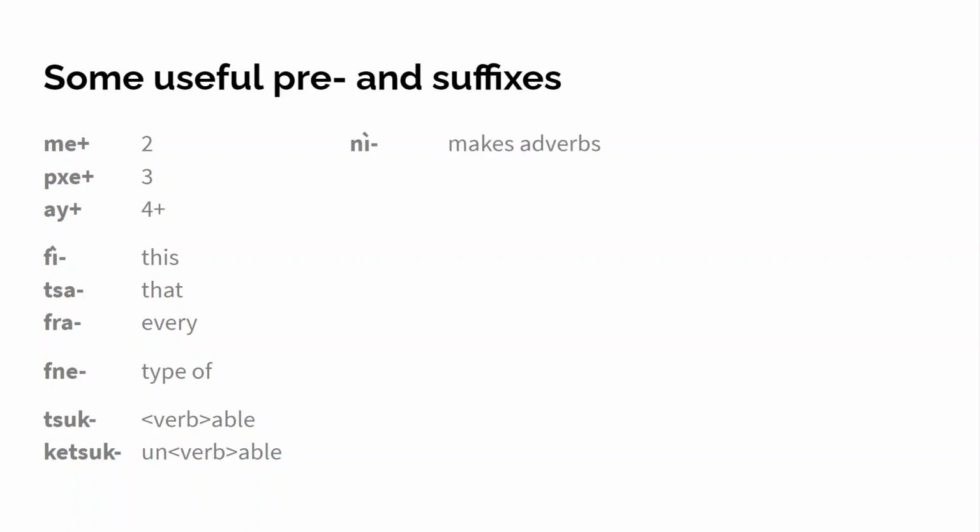Ne can make adverbs from any adjective or pronoun. So ween, fast, becomes ne ween, in a fast way. So fastly, I don't know if the English word exists. Or neoe, like me or like I would do. Sna and munsna again go on nouns. Sna is a group of something, of living things, so of animals or plants, not of humans though.